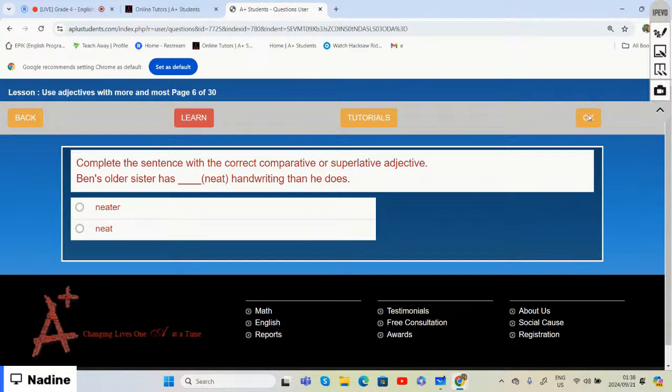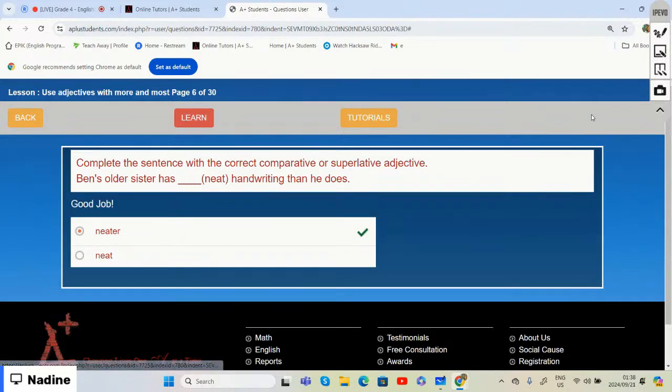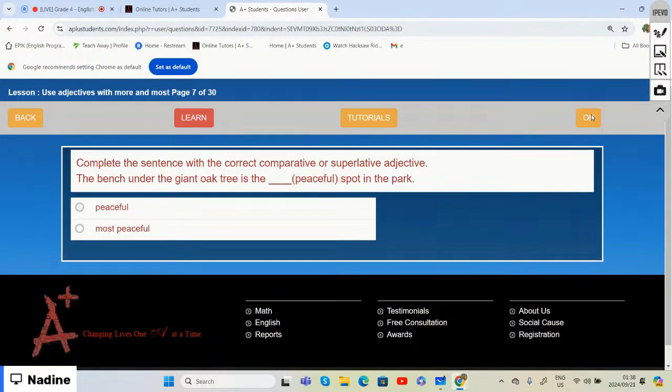So Ben's older sister has neater, because Ben's older sister is being compared to the brother. So neater with an ER. So well done. Option one is correct. All right, the next one.